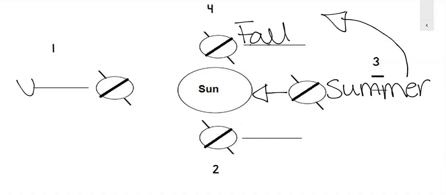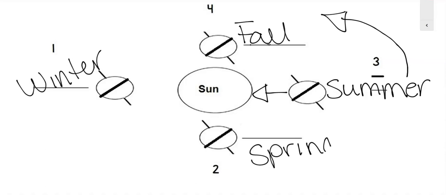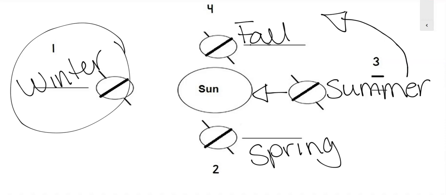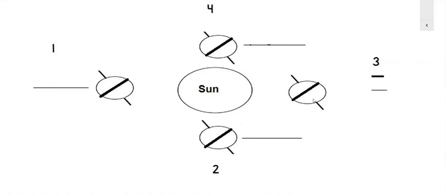So we have fall, winter, and then spring. So we just said that winter is going to be the shortest hours of the entire year, that winter solstice. And the reason it is the shortest is because we are tilted away from the sun. So we are getting indirect energy from the sun. And so it won't be as much as when we're tilted towards.